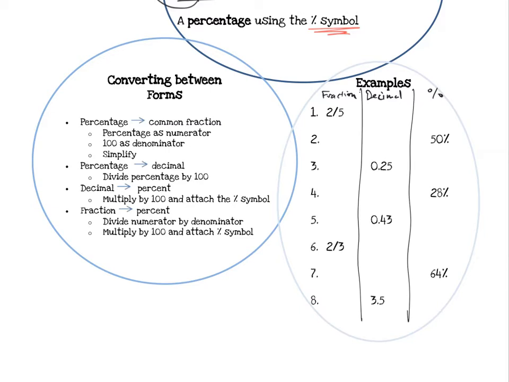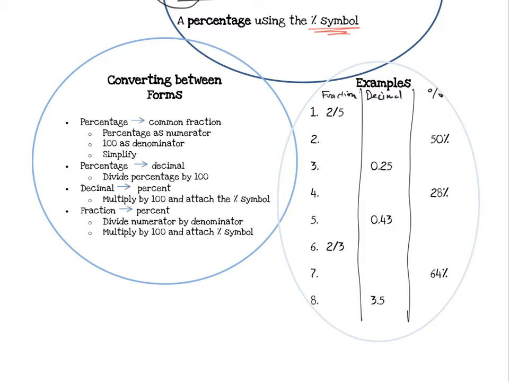If you're trying to convert a percentage to a common fraction, the percentage should be put in the numerator, 100 should be put in the denominator, and then we would simplify. I'll go through and do an example of all of these so you can see what's going on.